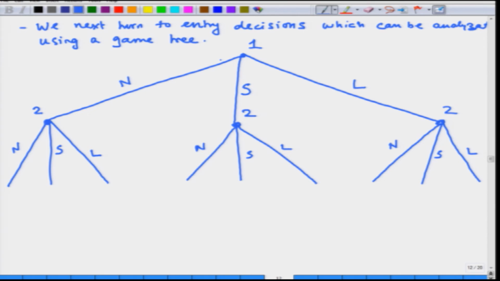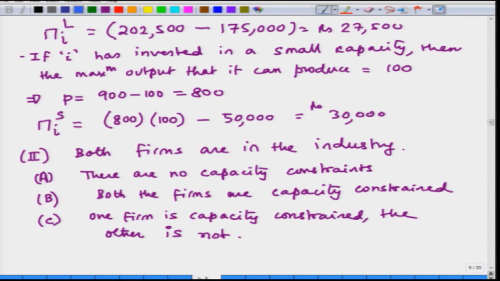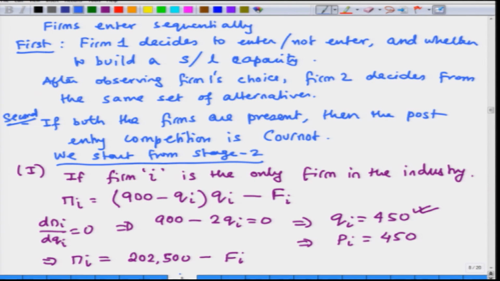Well, the first thing is the easiest. So, if firm 1 does not enter and firm 2 also does not enter, then neither firm gets anything. So, they both earn 0,0. If firm 1 decides not to enter, but firm 2 decides to invest in a smaller capacity. So, let us think about this. So, firm 1 decides not to enter, right.